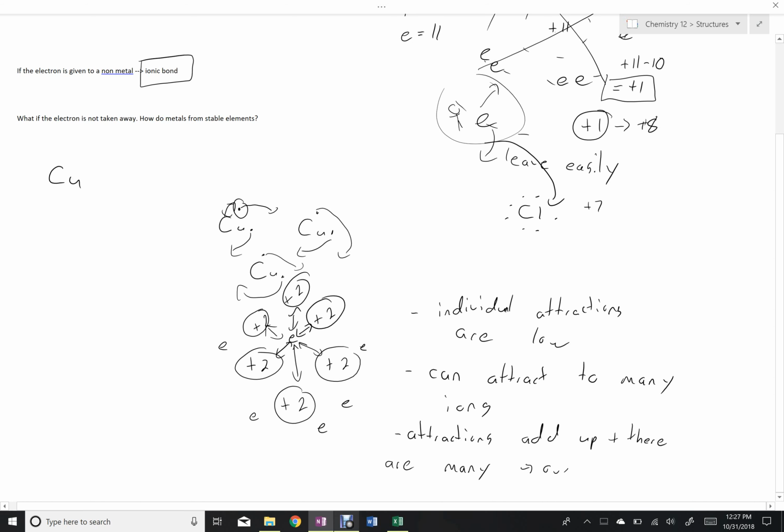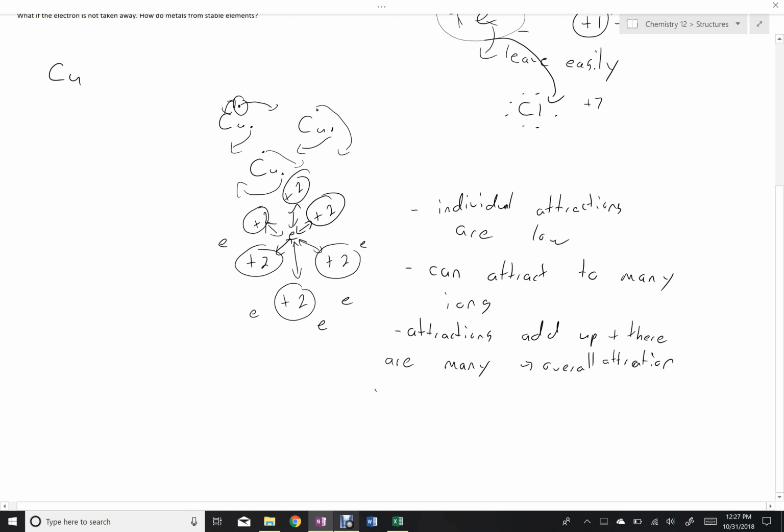So the overall attraction for the electron, not to an individual atom, but to the material as a whole, becomes large.